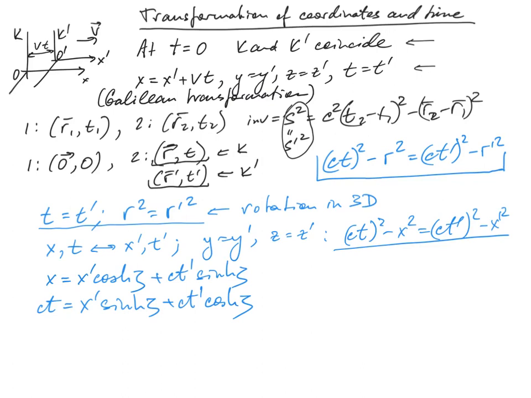Using the identity cosh squared zeta minus sinh squared zeta equals 1, we can easily see that this transformation respects the invariance of the interval.